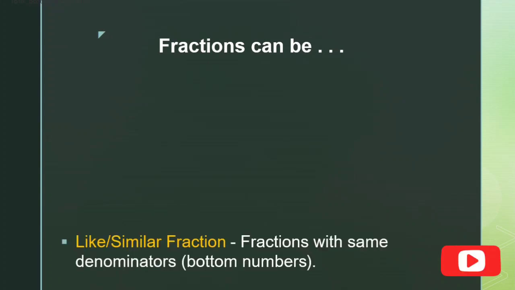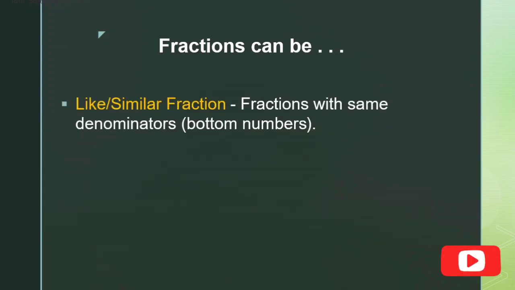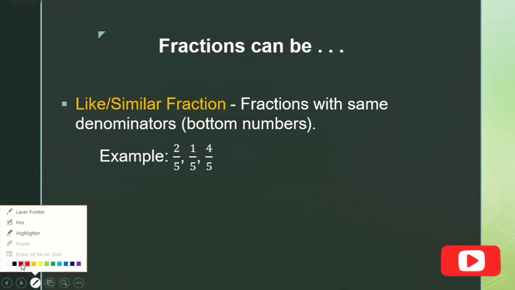Now, fractions can be, pwede siya maging like or similar fraction. So, pag sinabi natin like or similar fraction, meron silang the same denominators or yung tinatawag natin na bottom numbers. Okay? Pare-pareho. For example, 2/5, 1/5, 4/5. So, makikita natin dyan yung denominators nila, they're all the same.